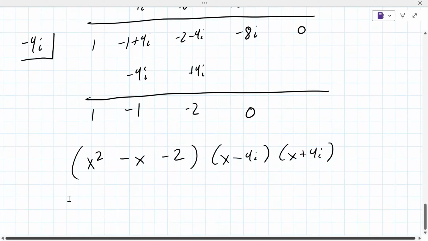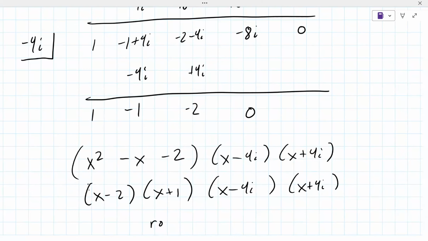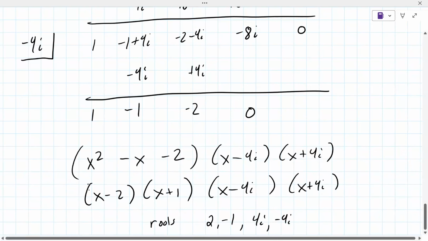I'm sorry, what was that? Were you able to factor this? Give me a second, I'm almost there. I got x minus 2, x plus 1. So if I asked for the factored form, you have it here. If I asked for the roots, it would be 2, negative 1, 4i, and minus 4i. Got it.